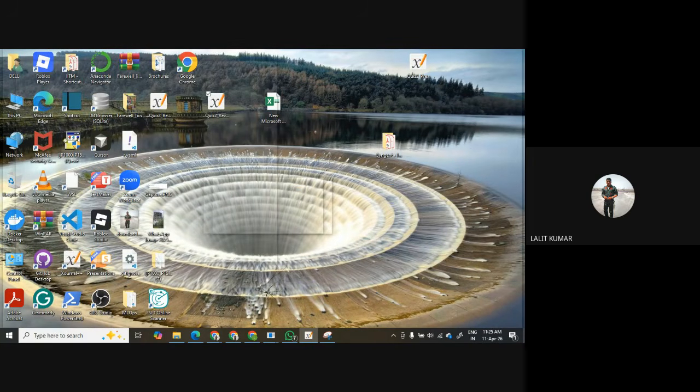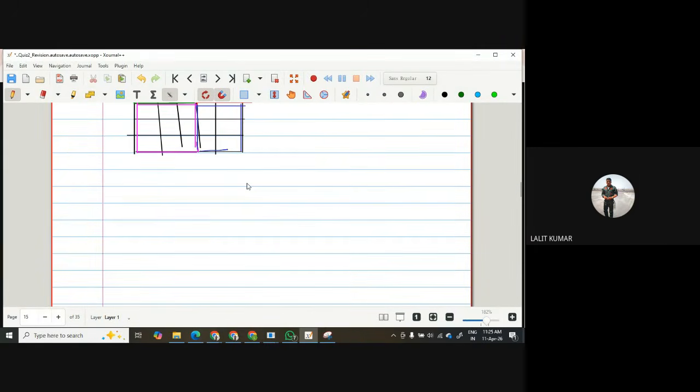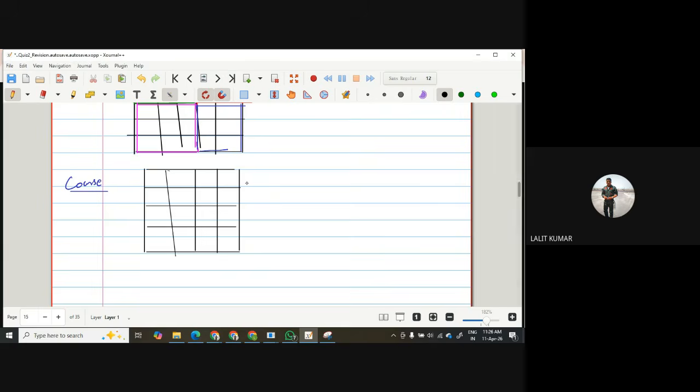The first method is known as coarse coding. In coarse coding, again we take this grid and we select some circles.